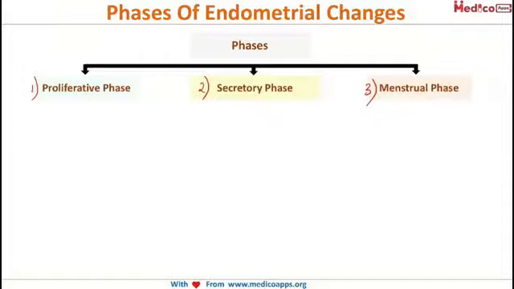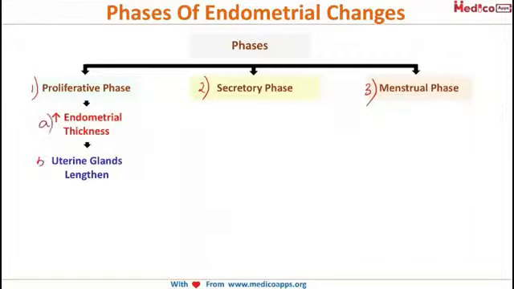Okay. So, it is preparing the uterus to propagate the pregnancy. So, what will happen here? The endometrial thickness is increasing along with lengthening of uterine glands. So, 2 changes are occurring in the proliferative phase. Increase in the endometrial thickness and lengthening of uterine glands, right?